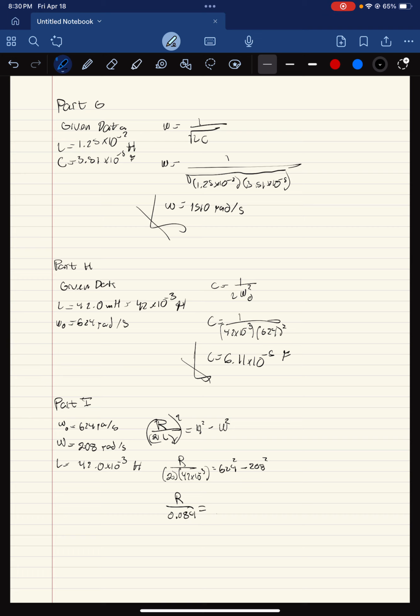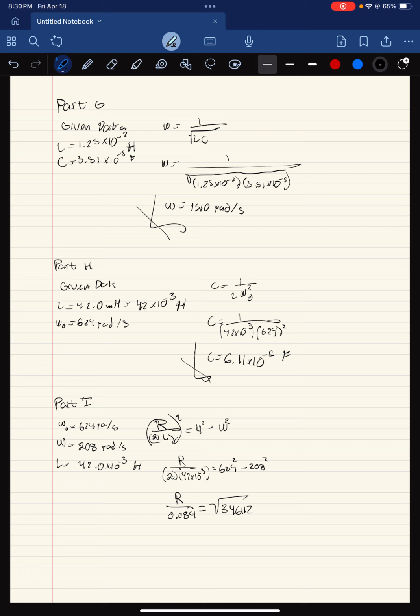This is going to be equal to... Let's get this to the calculator. 624 squared minus 208 squared, square root, 346,112. All right.